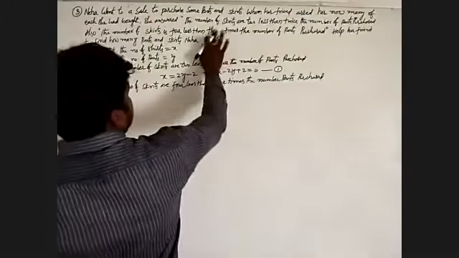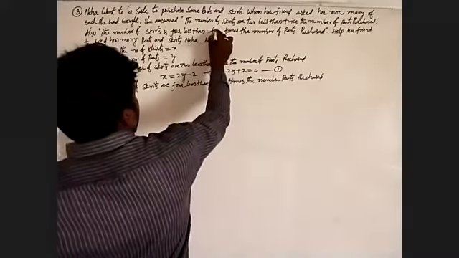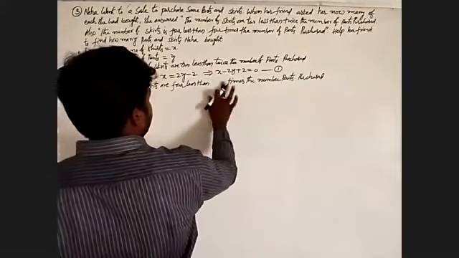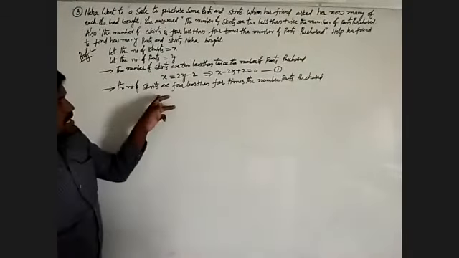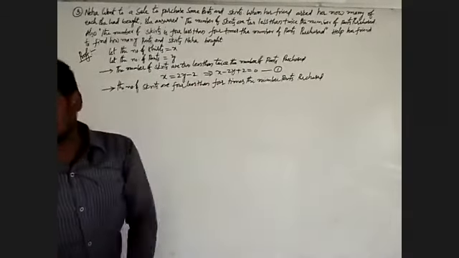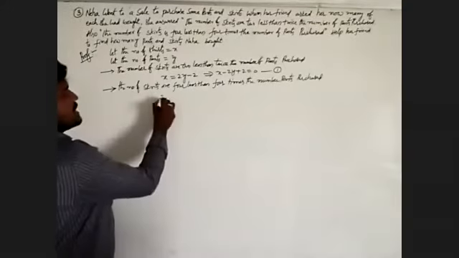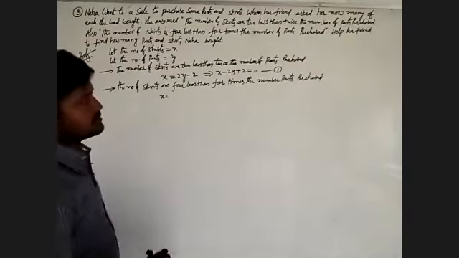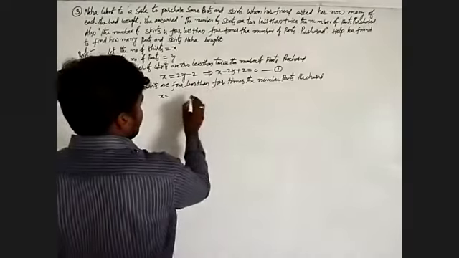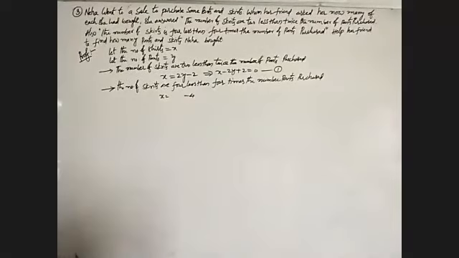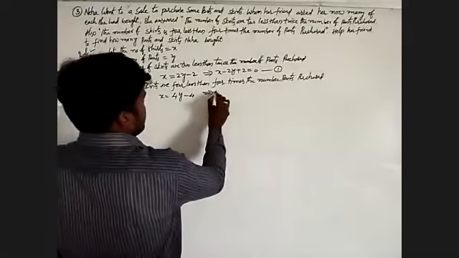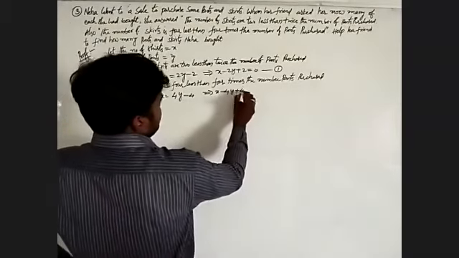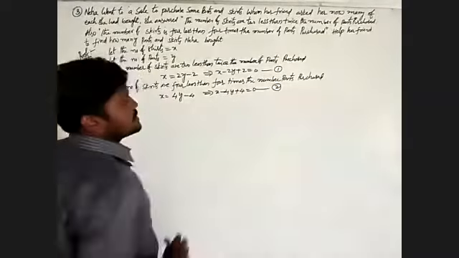That we have to take what is given in this one. The number of shirts are 4 less than 4 times the number of pants purchased means that we have to take x is equal to. Less than 4 means that we have to take minus 4. 4 times we have to take means 4y. That is x is equal to 4y minus 4. Then x minus 4y plus 4 becomes 0. This is make equation number 2.